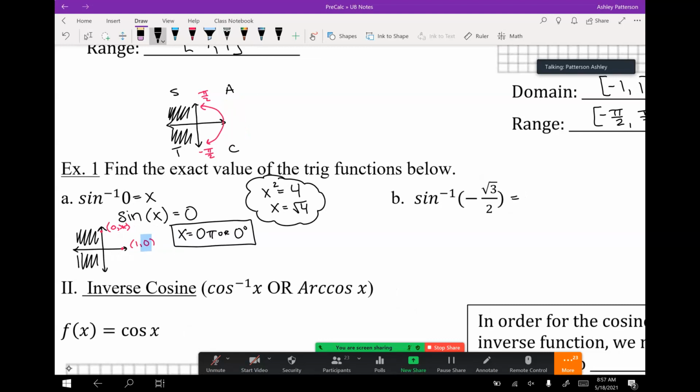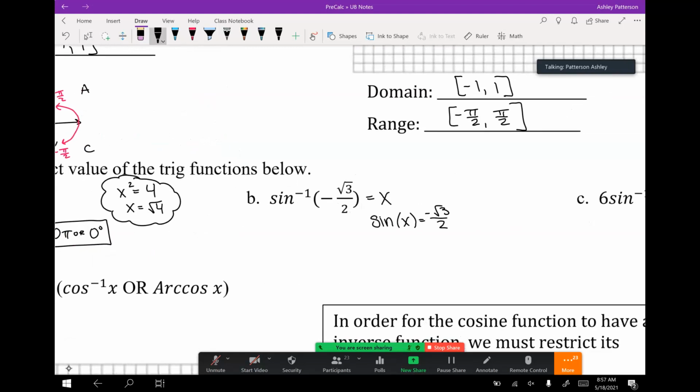All right, so inverse sine of negative rad 3 over 2 equals what? We're looking for that angle measure. Well, if you need to rewrite it, you can always write it as the sine of x is equal to negative rad 3 over 2. I'm thinking about the restrictions, and you don't have to draw this, but it helps me. I'm visual, so I'm drawing it.